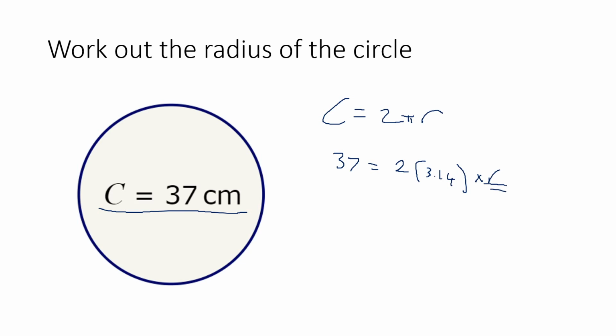And so all we need to do is make r the subject. We can do that by dividing it by 2 pi. And so therefore r is equal to 37 over 2 pi. And if we plug that into our calculators, we get an answer of 5.9 centimeters.